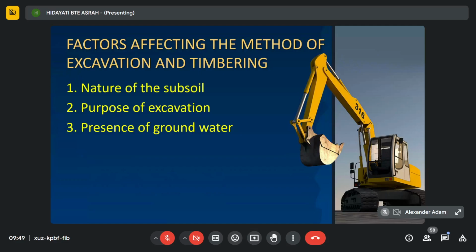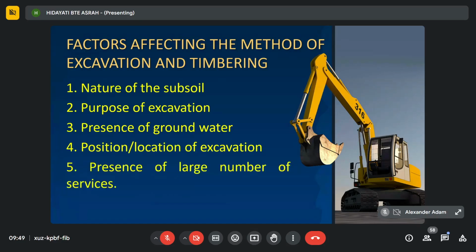And number 4, position or location of the excavation. So you also need to know the location in case there is a restriction or police requirements, especially when excavating in public road. Okay, and number 5, presence of a large number of services, which restricts the use of machinery.